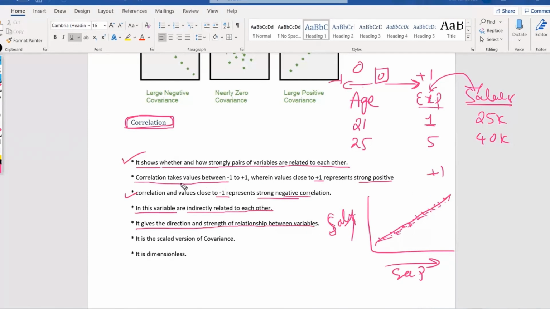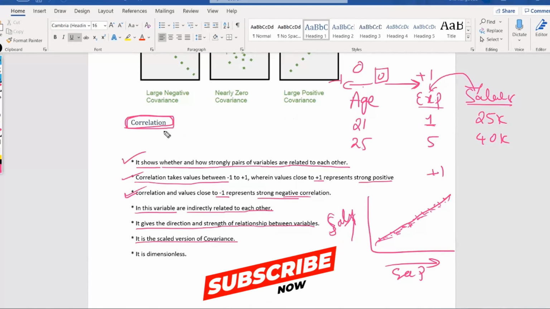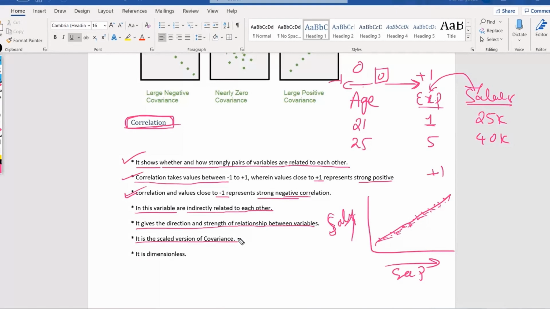Yes, that point is covered over here as well. It is the scaled version of covariance. We have seen covariance, the formula and all, and based on that we are able to find the correlation. As you can see, there is an association between correlation and covariance.